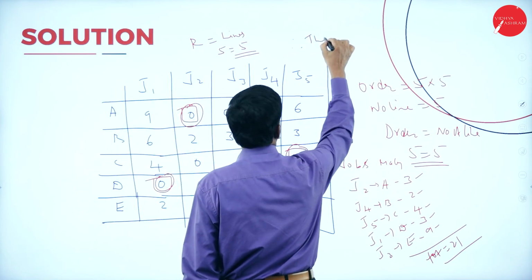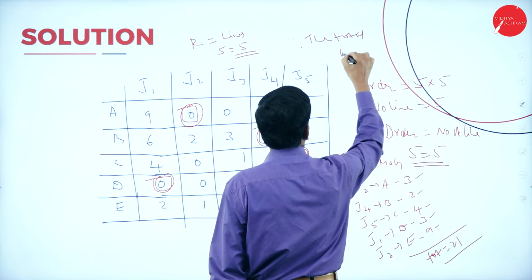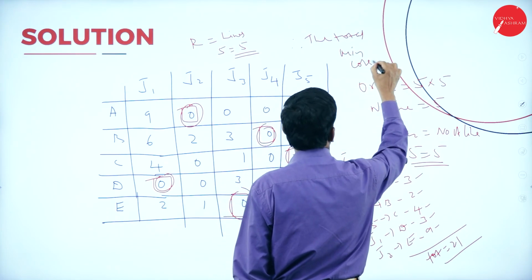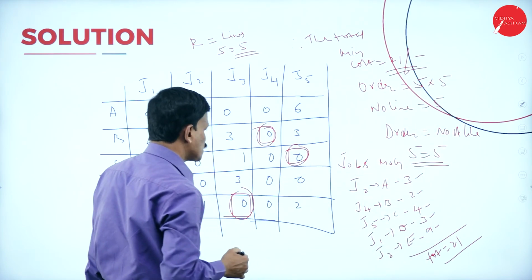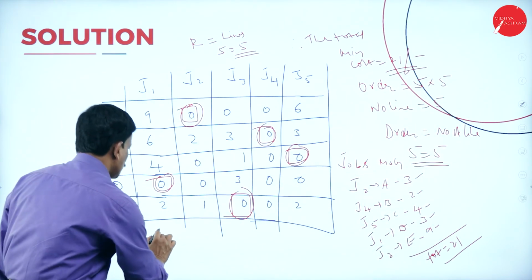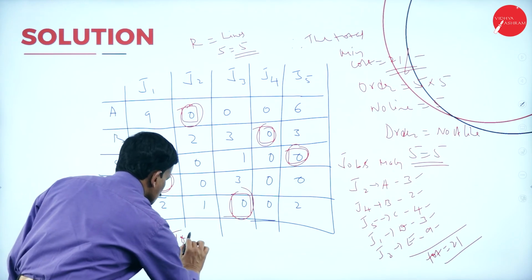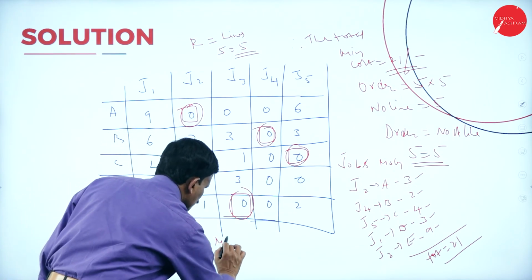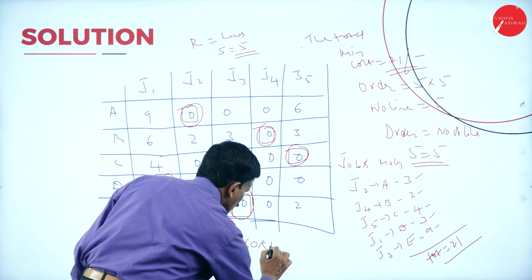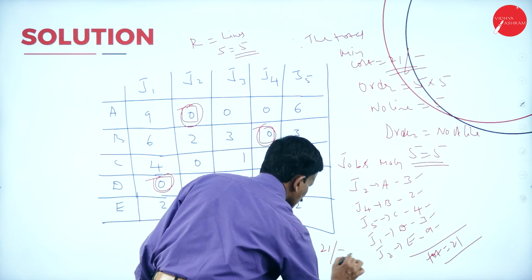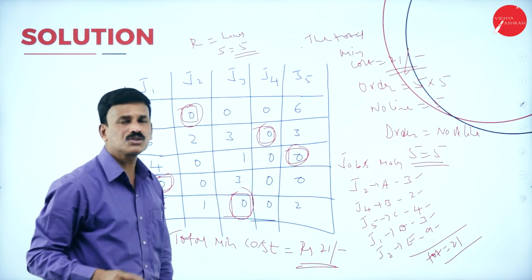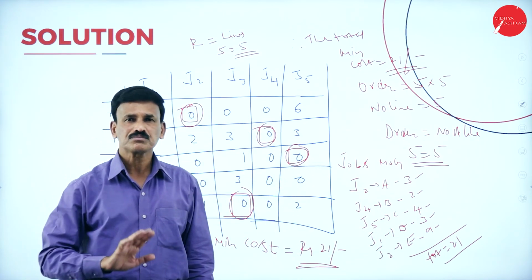I can write here, total minimum cost is equal to rupees 21. That's it. The total minimum cost is rupees 21.